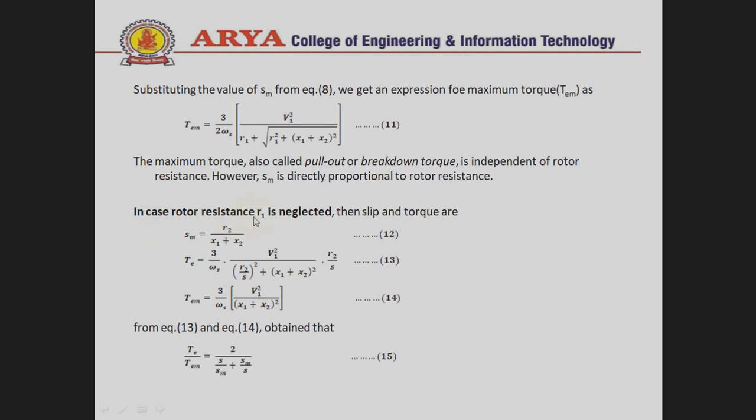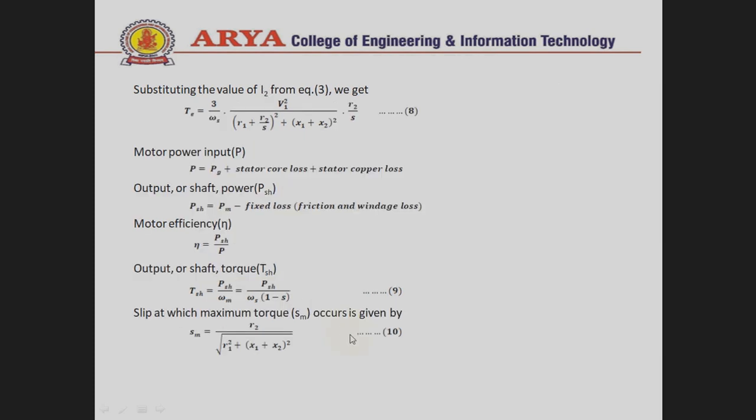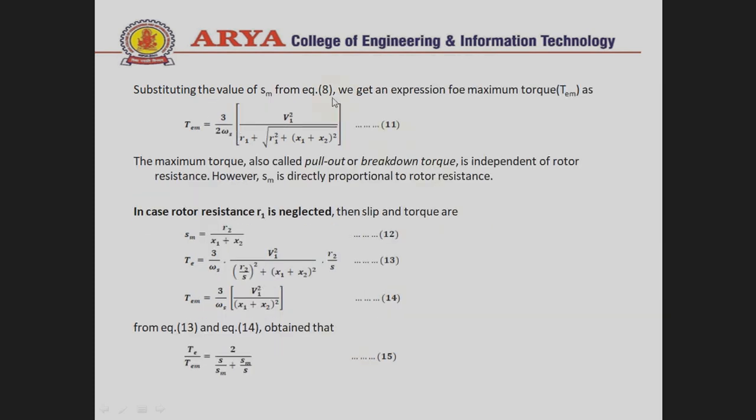Now in case the stator resistance R1 is neglected, then the slip and torque are given as in the equations of Sm. We put R1 equal to negligible, then we simplify equation number 10 and equation number 11, putting the value of R1 neglected, and we find these equations.